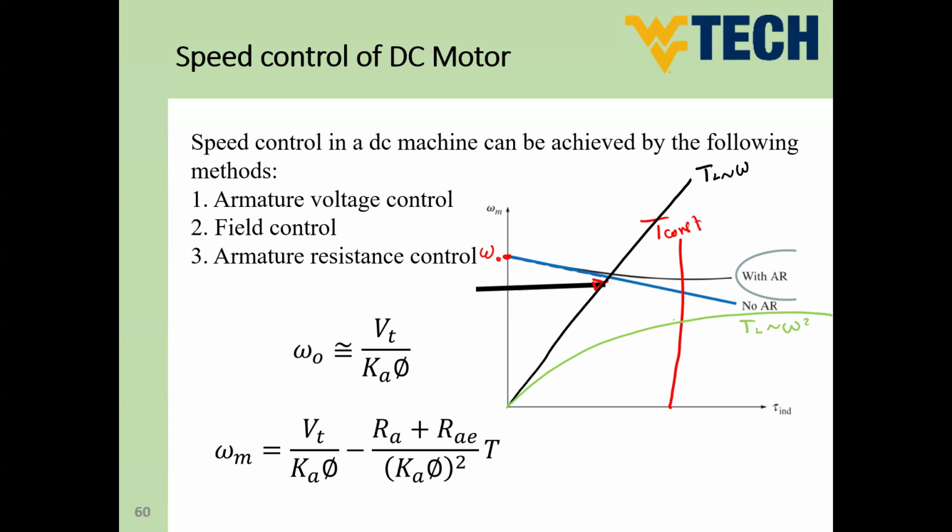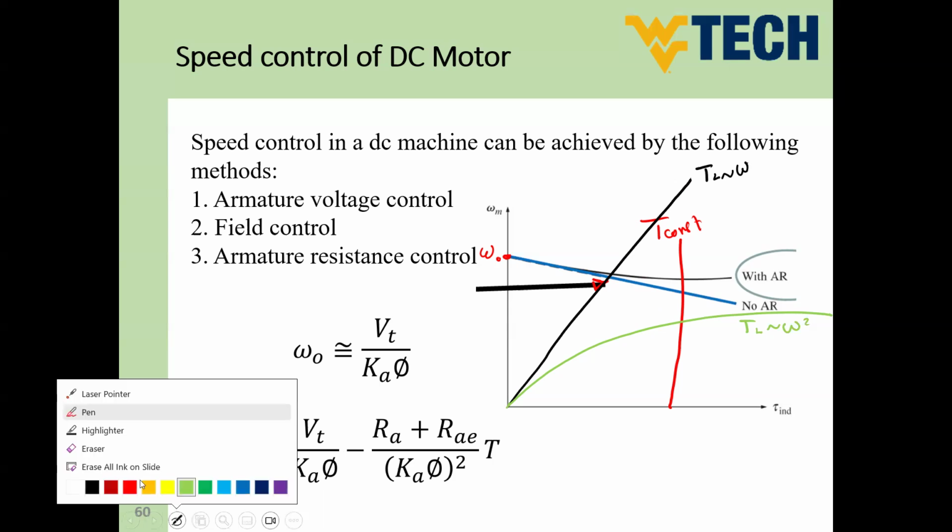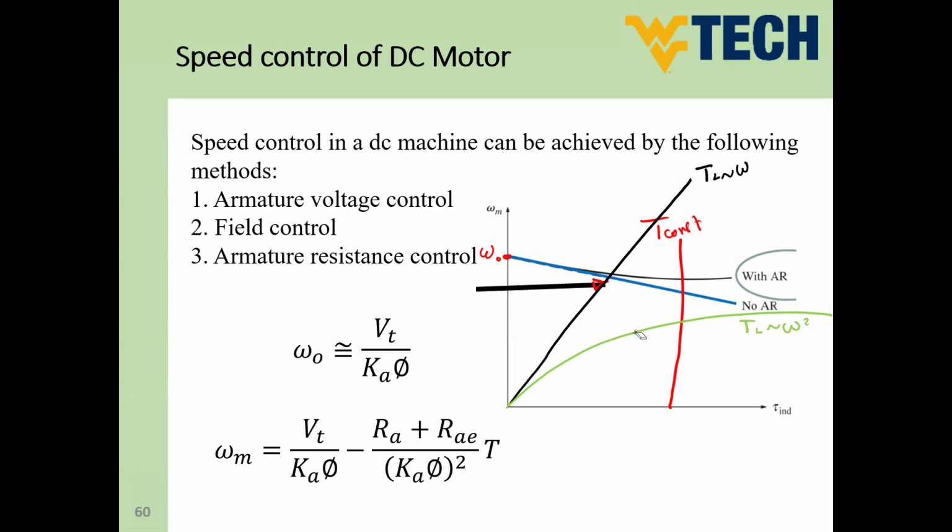So I'm going to delete again the characteristics of the fan, which was torque proportional to omega square, and delete also the constant one.